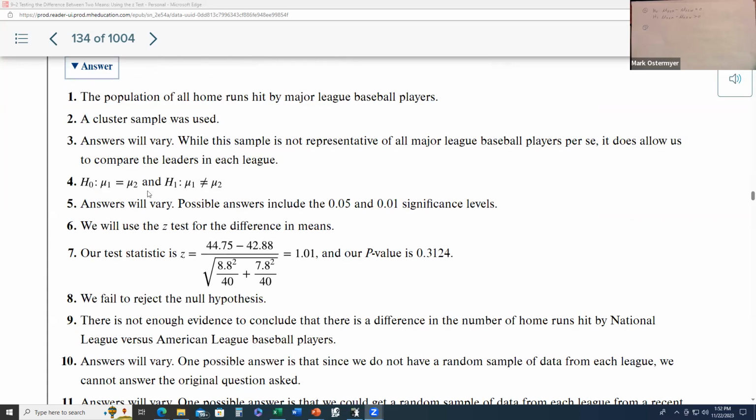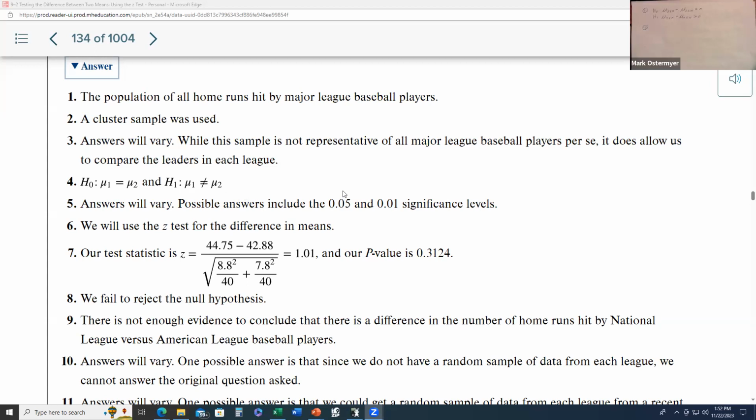They conducted a two-tail test for the difference between the population mean home runs between the two leagues. And they got a p-value which is about 0.3124, which is a very large p-value. So there's no way you would reject the null hypothesis here. And essentially, you cannot conclude that there is a difference in the mean number of home runs hit by the National League versus American League. Not according to this hypothesis test, this two-tail test they conducted here.